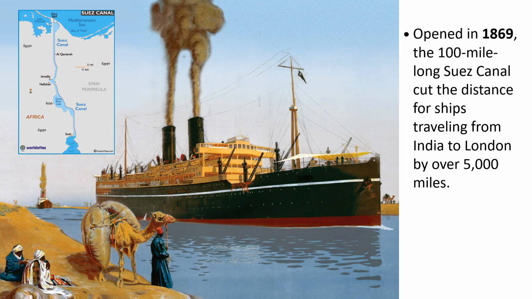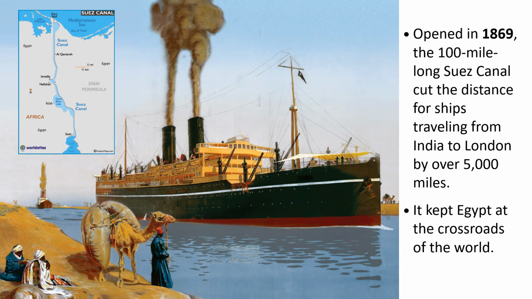So think about how much less expensive your transportation costs for goods are going to be if you can go through the Mediterranean Sea, through the Red Sea, across the Indian Ocean to India, rather than having to sail all the way down around the bottom of Africa and then back up to India.